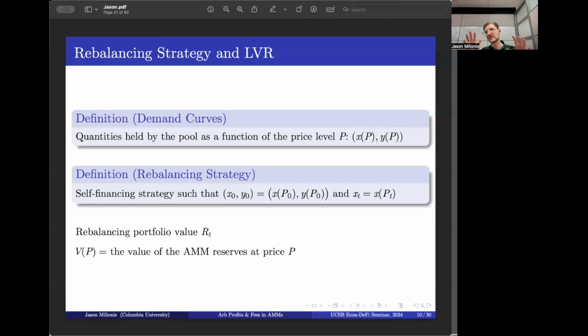So now we're going to have a bunch of market prices. As these update, the pool reserves change. You should also change the contents of the rebalancing strategy, respectively. And this rebalancing strategy is going to have some portfolio value that we will denote by R_t. And we will also denote by V of P the value of the reserves that are actually contained in the pool at some price P.